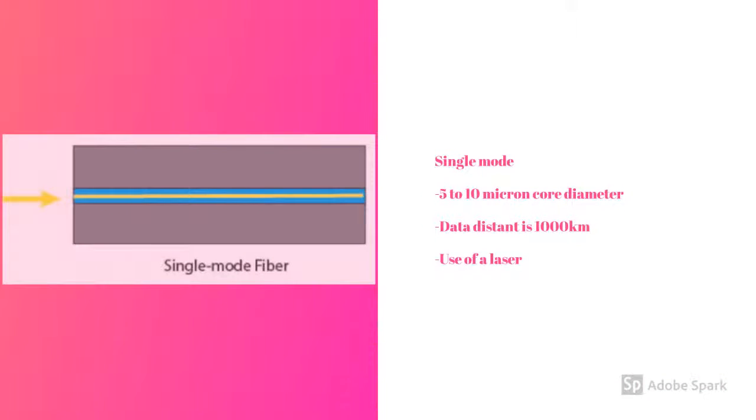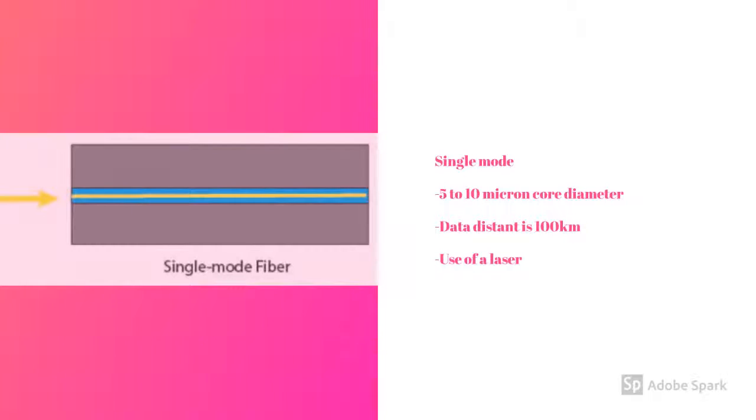Single-mode fiber transmits data using a single light beam between 5 to 10 microns, about the width of a human hair. Single-mode fiber can transmit data over a much longer distance, up to 100 kilometers. The light source must be perfectly aligned with the cable.